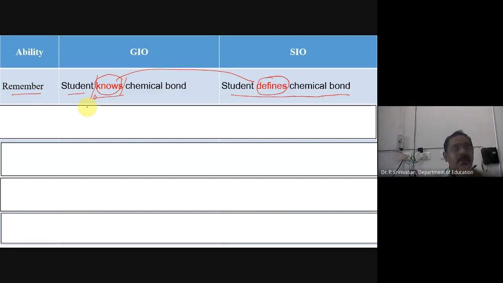For a teacher, when he or she writes the GIOs or SIOs, they should use only the singular form, not the plural form. Why?